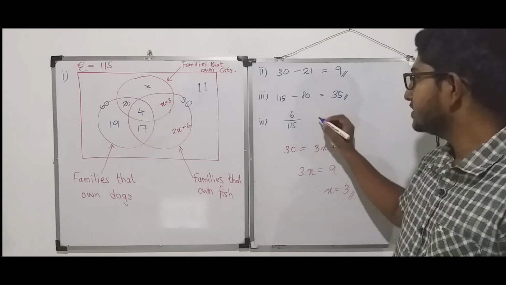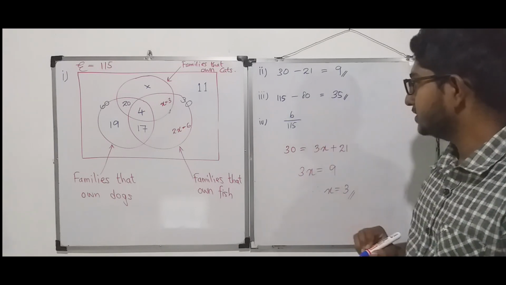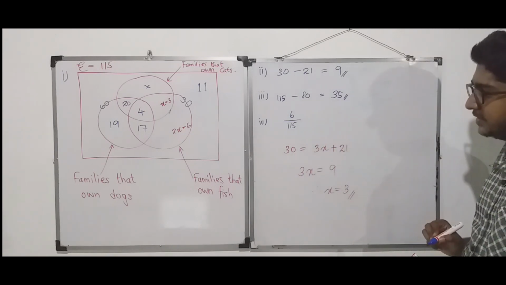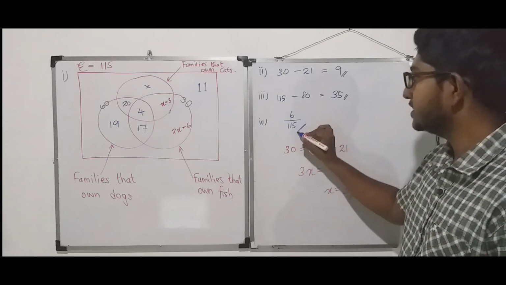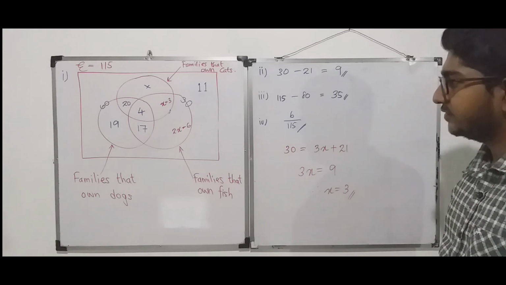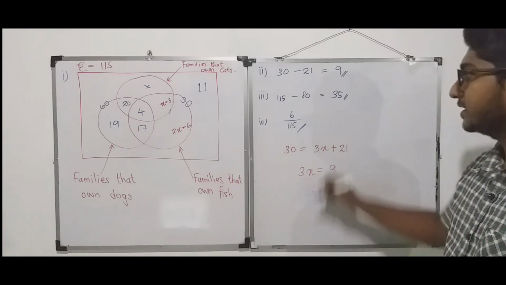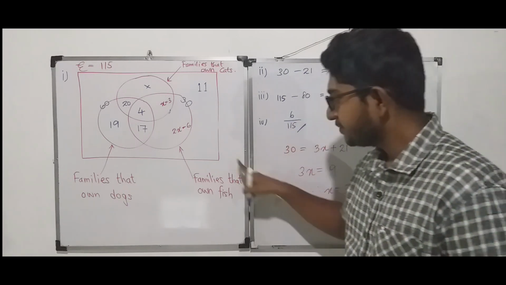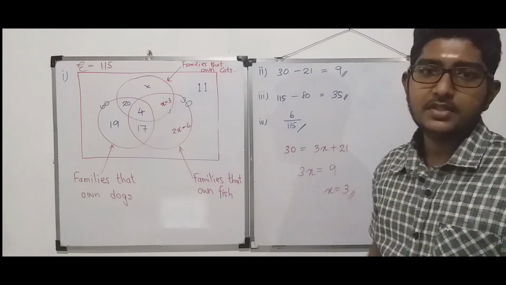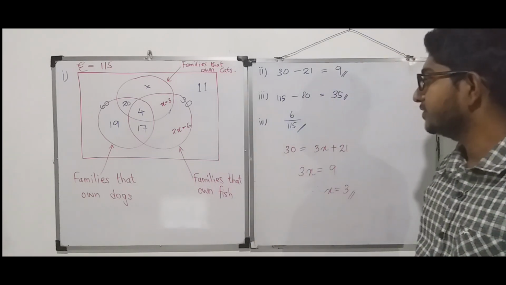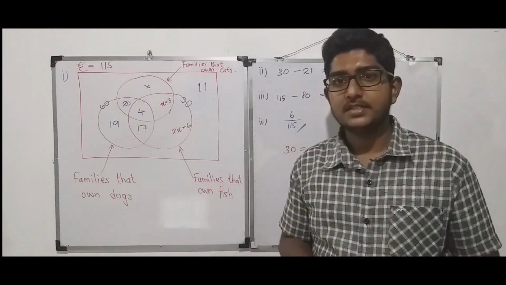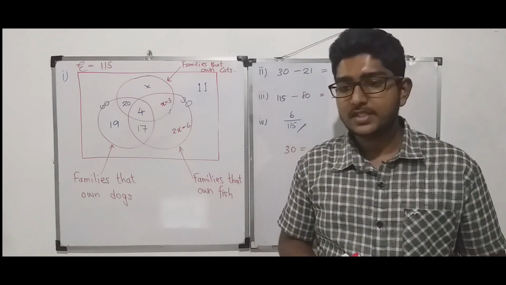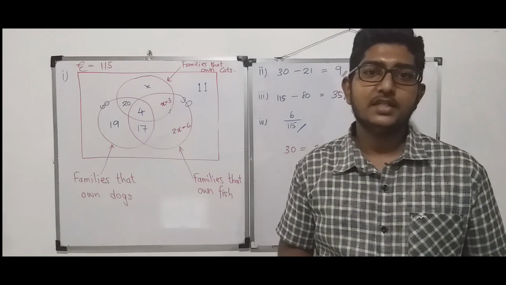Can we simplify this fraction? 150, no, we can't simplify this further. So this is the probability of a randomly selected family being a family having only fish out of a total 150. So that concludes our discussion on question number 11 in the 2019 O-level past paper.